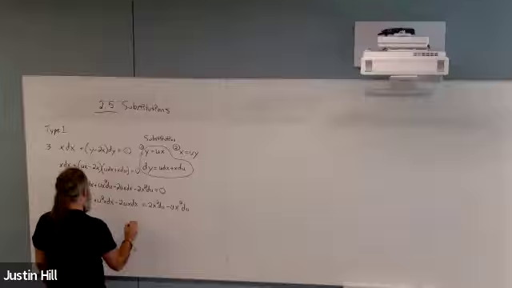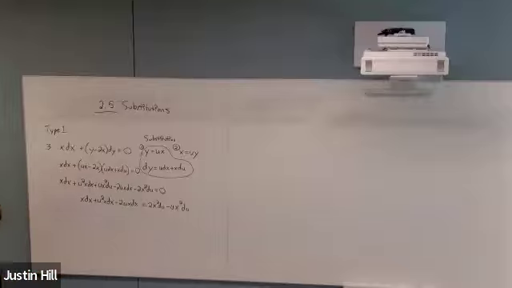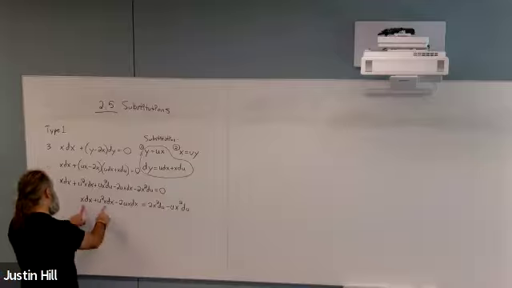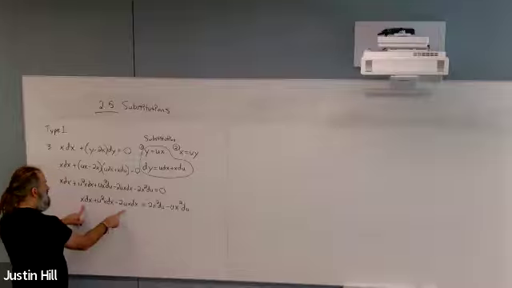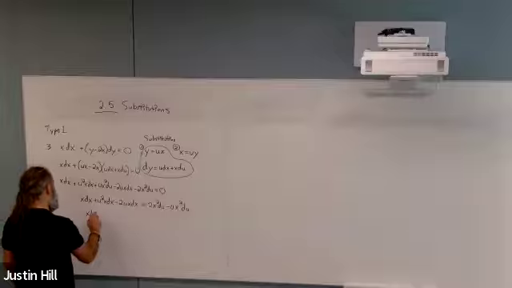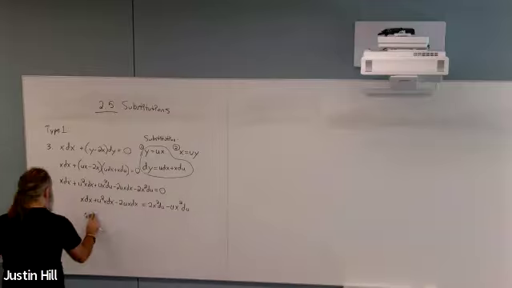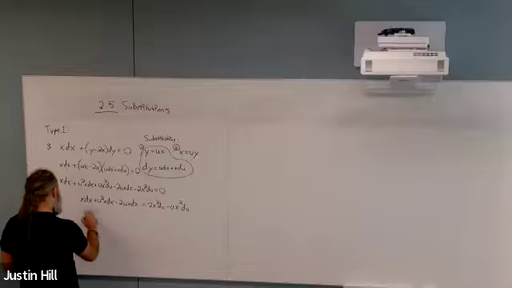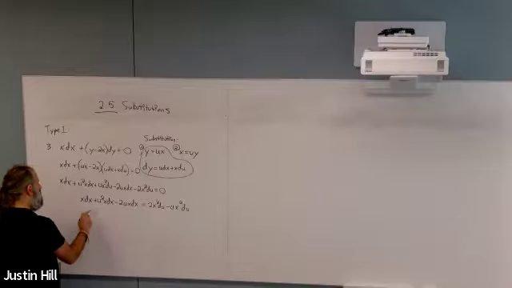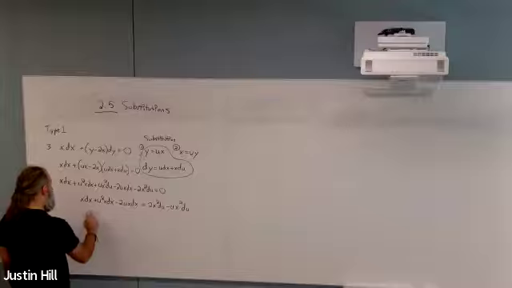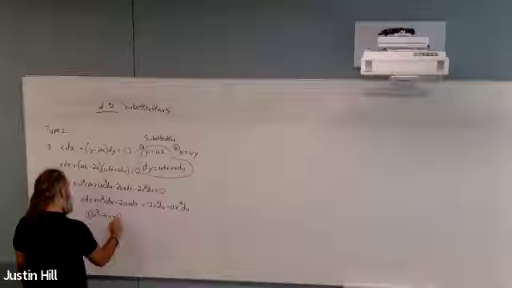And then we can start doing some factoring here. On this side, I just noticed that there's an x dx in common for everything, so let me go ahead and factor that out. So we have x dx times u squared minus 2u plus 1.